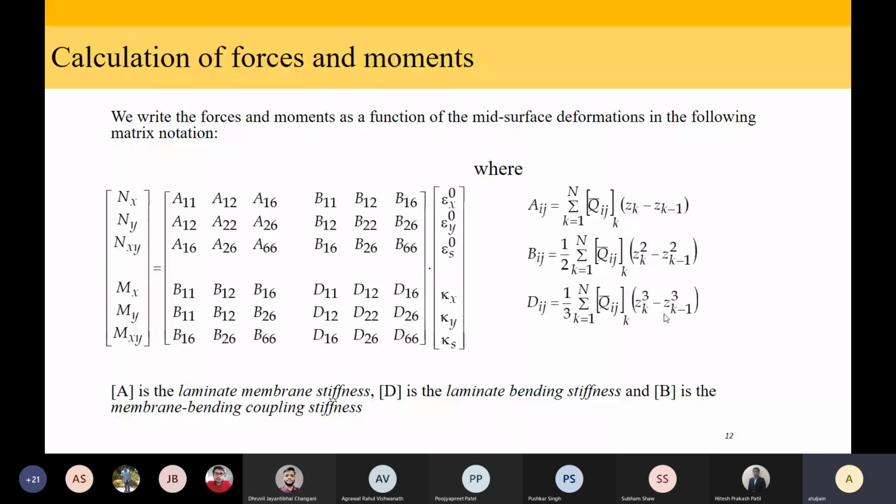Anybody? So it came out to be D is equal to 1 by 3 into A, ZK cube minus ZK minus 1 cube. You can calculate ZK. ZK minus 1 is minus T by 2. ZK is T by 2 for a single plate.